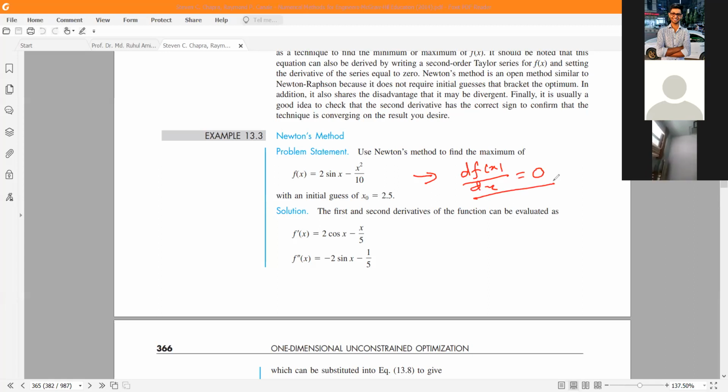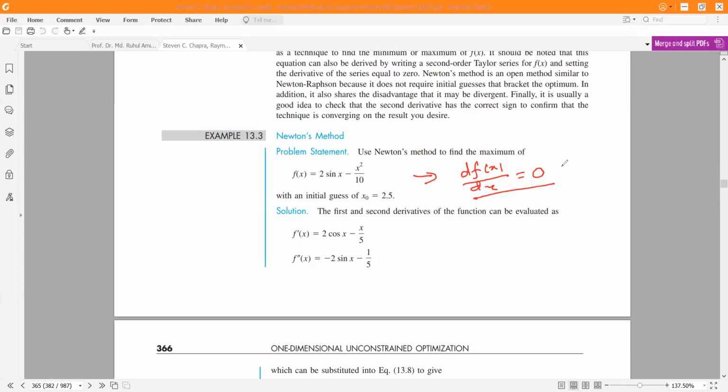If this could be solved easily analytically, then we do not need any numerical technique. In this case, what is that derivative? I think it is a transcendental equation. That equation contains sine, cosine functions as well as linear function x, so this is not easy to be solved analytically.